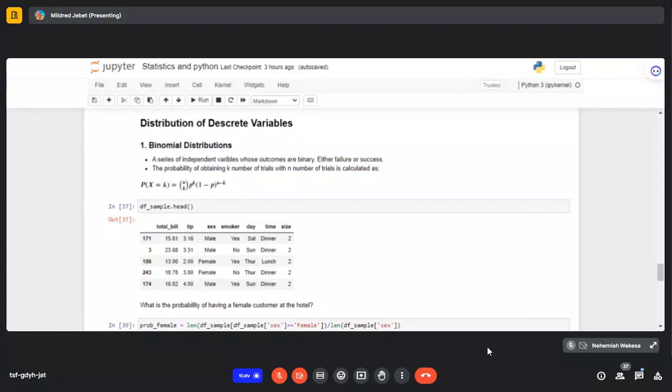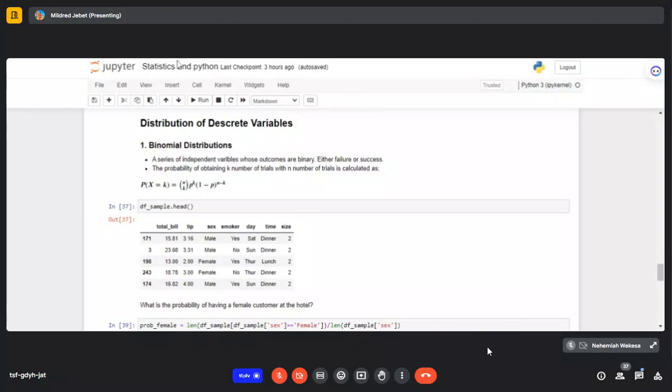The probability of obtaining a number is given by this formula. n is the total number of experiments that we do. k is the number that we are looking for the probability of. P is the probability of success, and 1 minus P is the probability of failure.